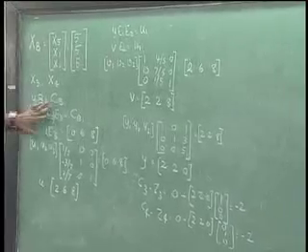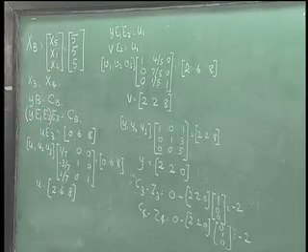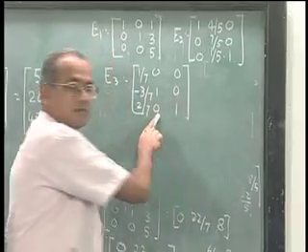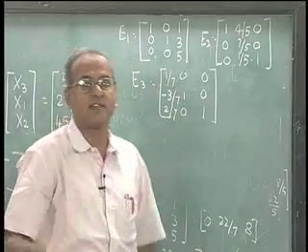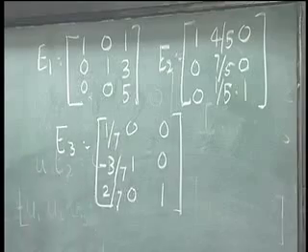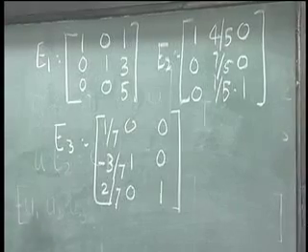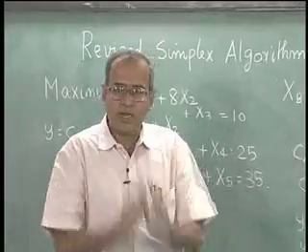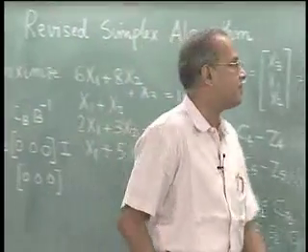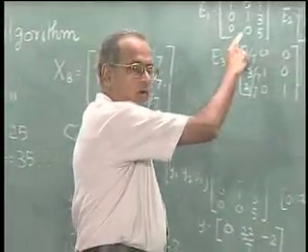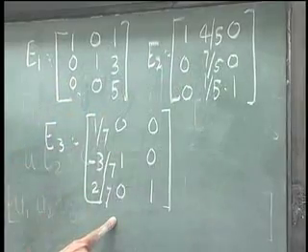Because apart from this, everything else was the same, and more importantly, we also need to store the E1, E2 and E3. We do not need to store any other thing. Obviously, we will be storing this, but in addition to that, we only need to store E1, E2 and E3. So, from a storage point of view, it is said that we normally will not store it as a 3 by 3 matrix.